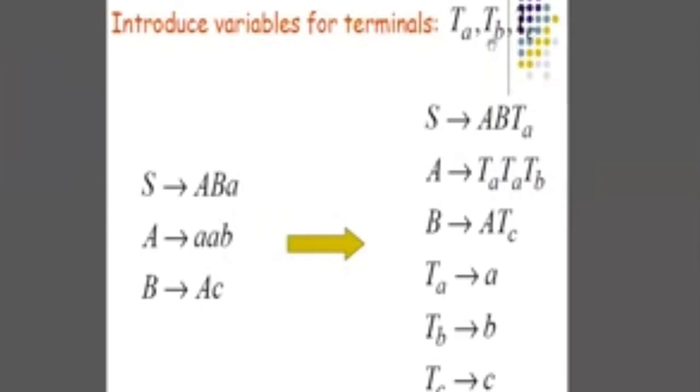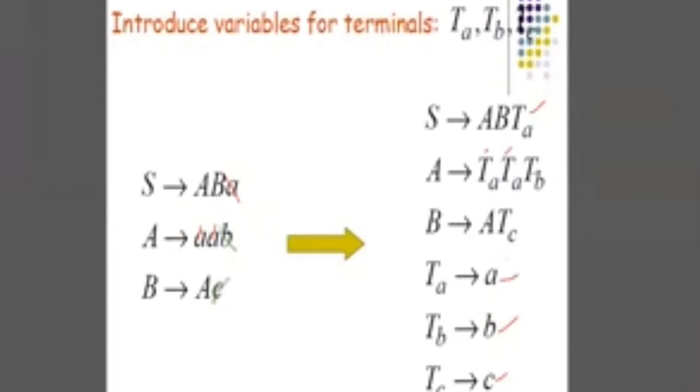So what I do, I will add three productions where small a is replaced with TA. You can see that here. A variable, here also small a is replaced with TA, and at the same time you can see small b is replaced with TB, right?